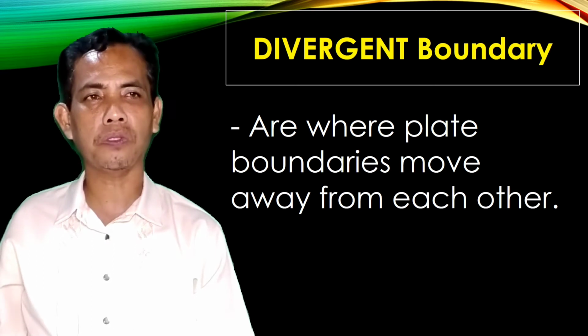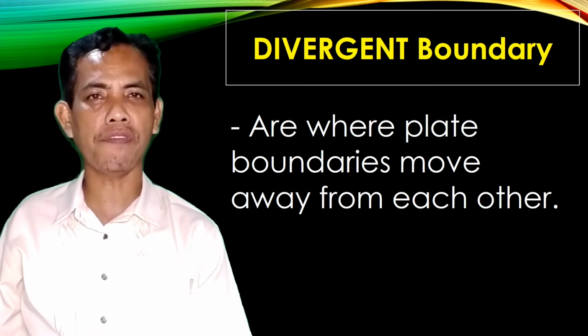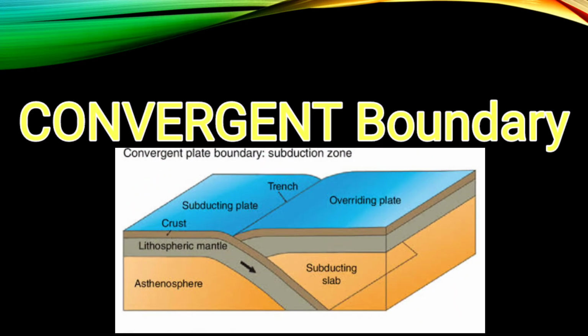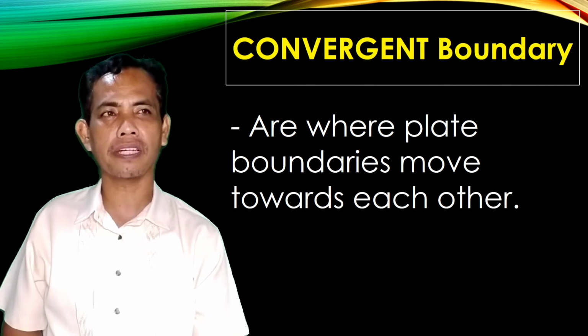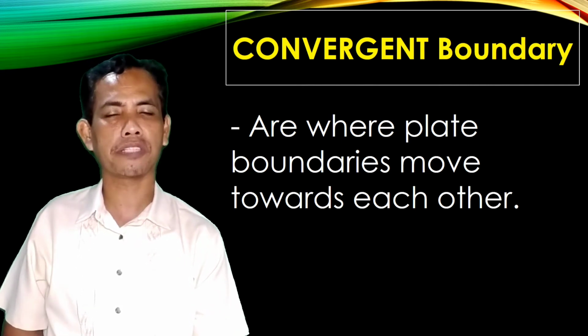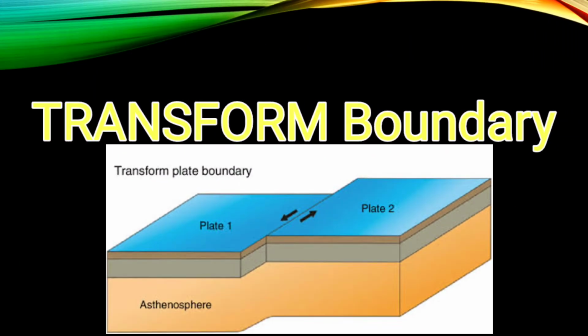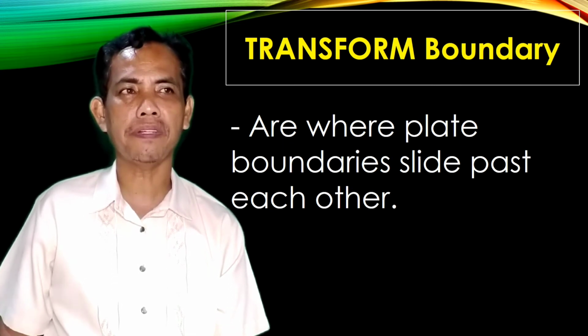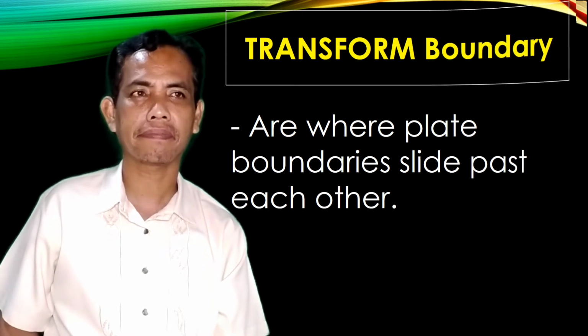If we are going to describe a divergent boundary, these are boundaries where plates are moving away from each other. What about convergent boundary? Convergent boundaries are where plates move towards each other. Transform boundaries are where plates slide past each other.